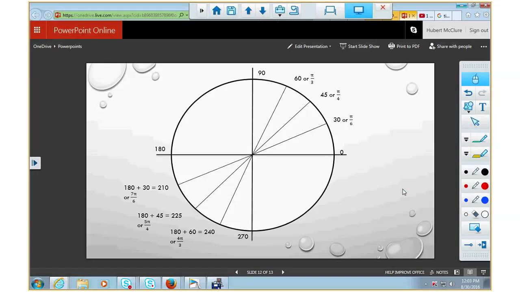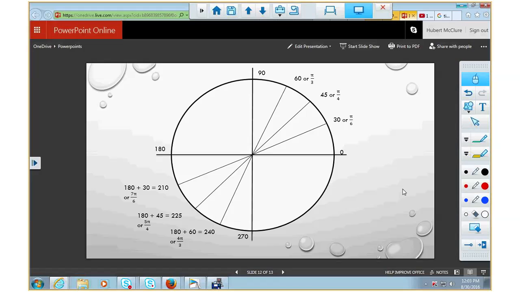You don't need to memorize it. You don't need to regurgitate it. You just need to think 30, 45, 60. And then come over here and say, what's 180 plus 30? 210. What's 180 plus 45? 225. What's 180 plus 60? 240. And then take those three numbers, 210, 225, and 240, and multiply by pi over 180.